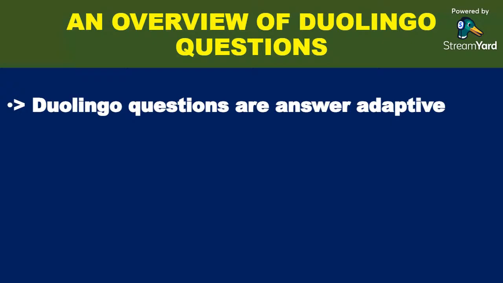Now, if you answer that question incorrectly, you will be given an easier question because the next question will be taken from a lower level. So, in other words, the digital machine determines your level of proficiency, and your level of proficiency determines the type of questions that will appear on your screen.